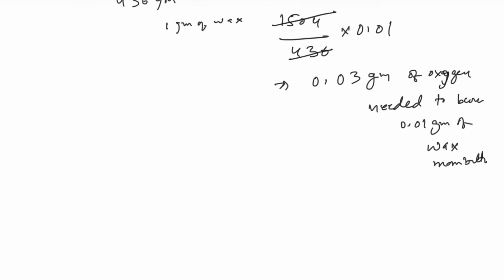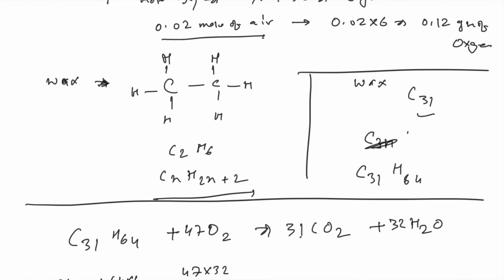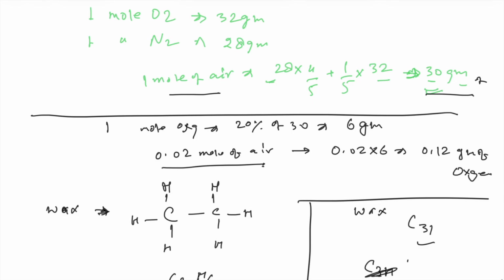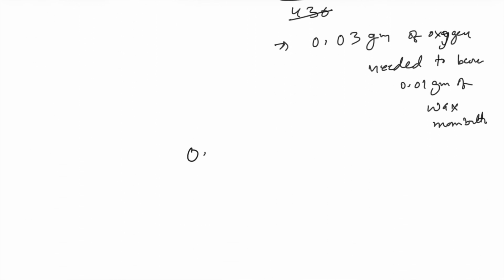Now we calculated the oxygen in the tumbler was this much, 0.12 gram. And how much burned for the reaction? 0.03 gram for 0.01 wax.